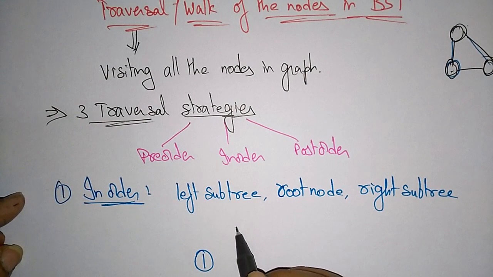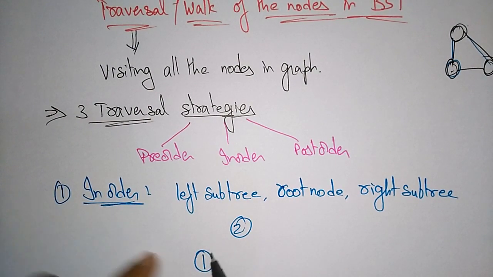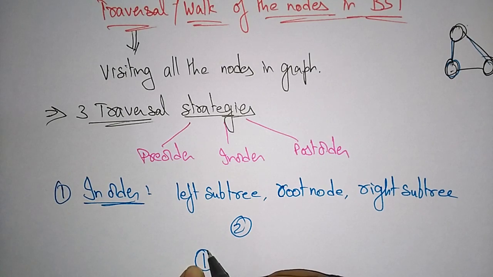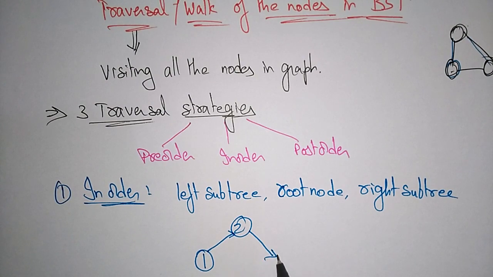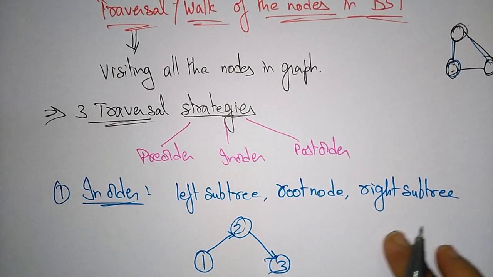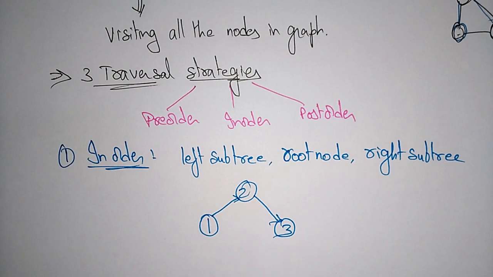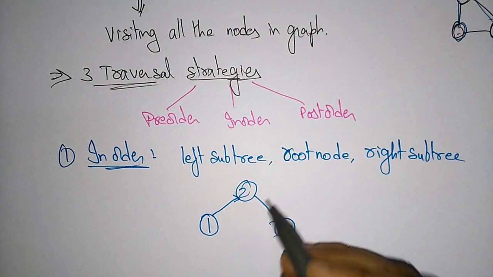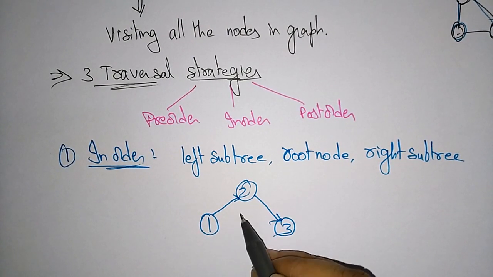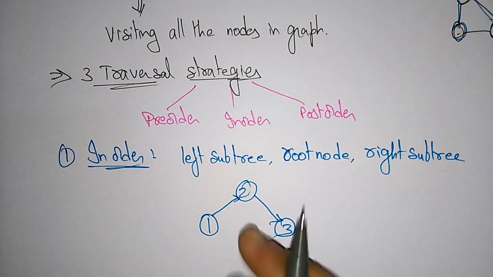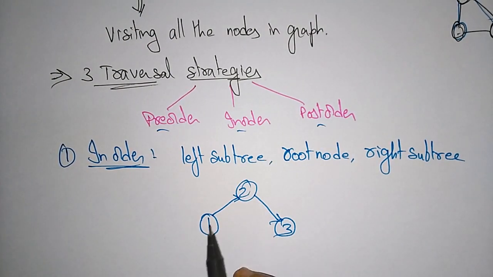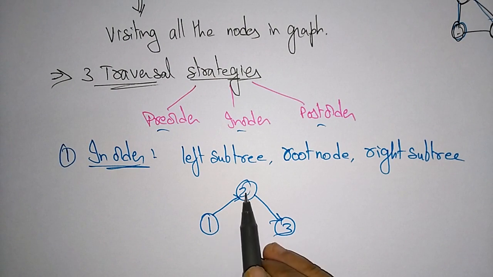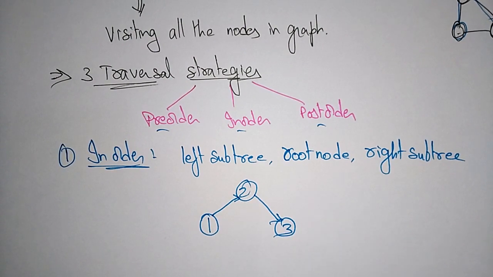This is how the in-order traversal will go. The walk visits all the nodes in the graph by using these techniques: pre-order, in-order and post-order.